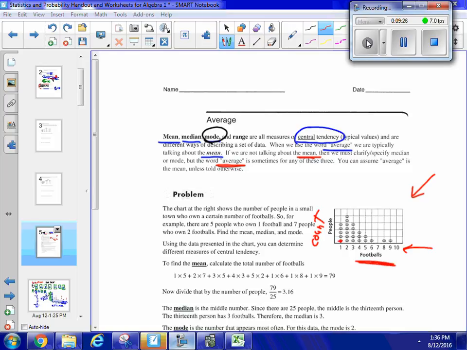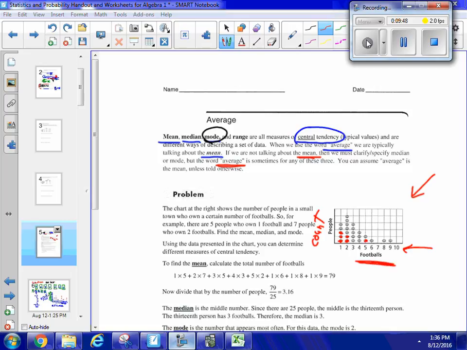And then, well, it turns out that one person has 2 footballs in their house, and another person has 2 footballs in their house, and one person has 5 footballs in their house, and one person has 9 footballs in their house. It doesn't really matter in what order you stumble across these people, because you're just plotting them on this graph.